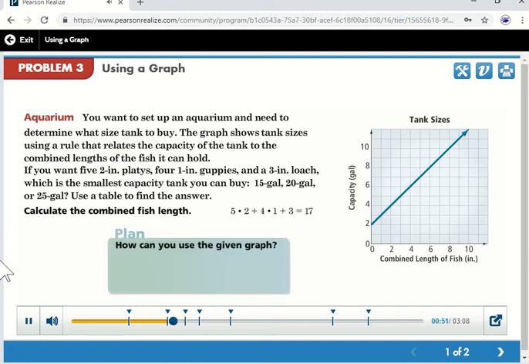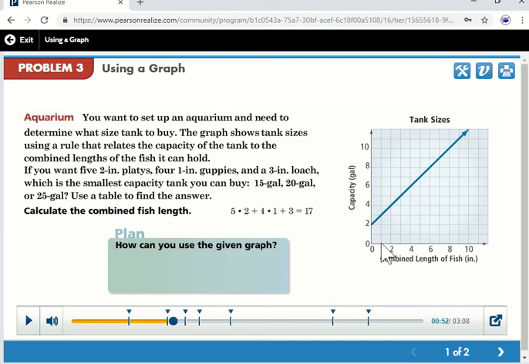How can you use the given graph? Okay. Yeah, so the graph gives us a pattern. It's almost like you could say this is the left column of a table, and these numbers would go in the right column of the table, where 2 correlates with 4, 4 correlates with 6. Actually, I should probably not just go 2, 4, 6, 8.